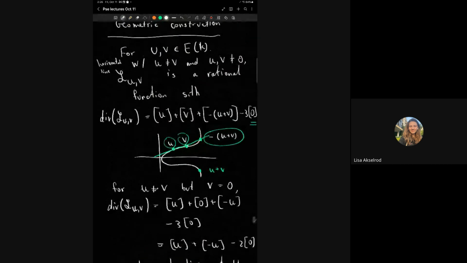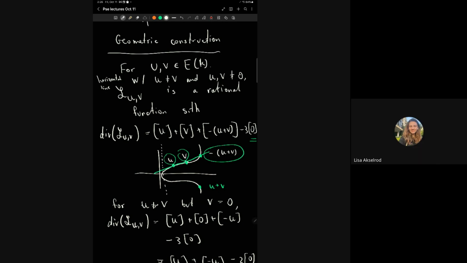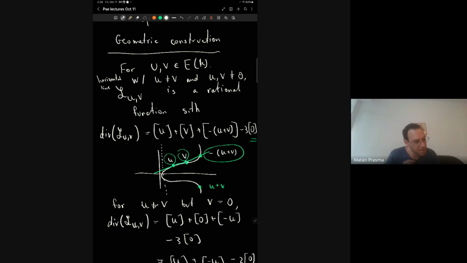It's not horizontal. It's not vertical. It's not going to touch the point at infinity. Okay. Yeah, I guess horizontal, or you can call it something else, but let's say non-vertical.